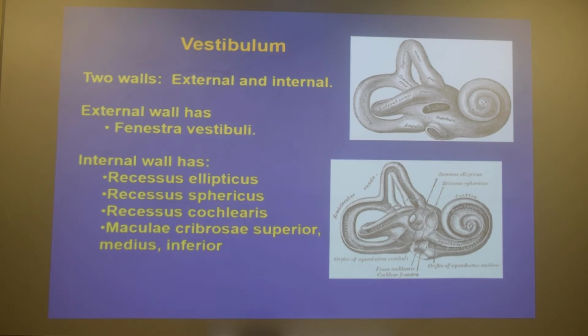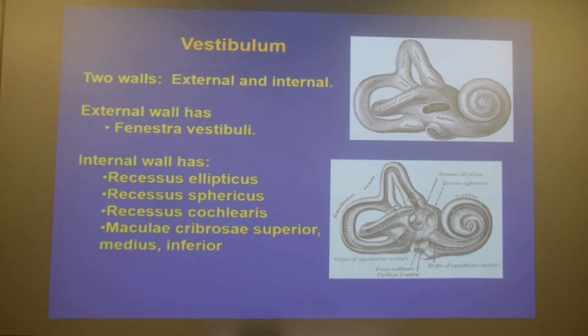It is an ultrafiltrate of the CSF. We don't know exactly how the perilymph is formed, but we think that it is an ultrafiltrate of the CSF, and through the cochlear duct, it is going to drain into the posterior cranial fossa.